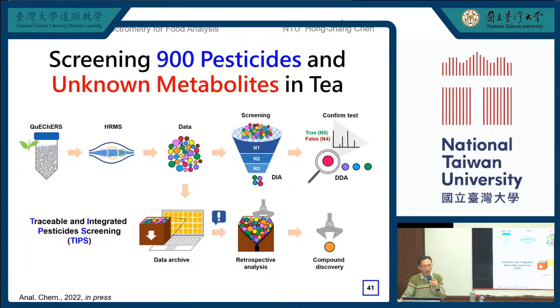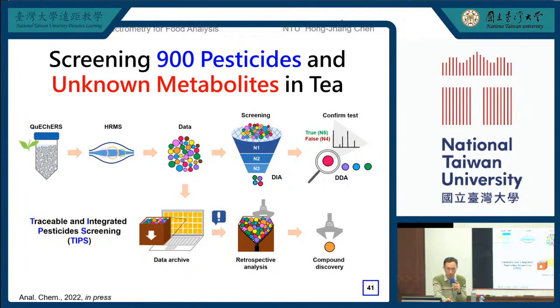I just want to know how many pesticides are in our tea. That's because tea is a very complex matrix in food. For tea infusion, we drink it, just like me. I drink tea every day. I just want to know how many pesticides are in our tea.